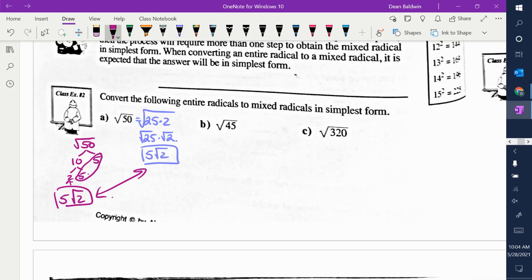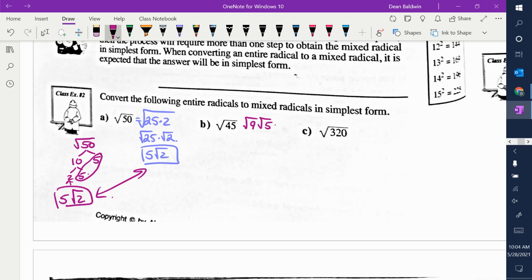All right. 45. What multiplies to 45? A number that has a nice square root. 5 and 7. 5 and 9. Yeah. So I could write it like that.